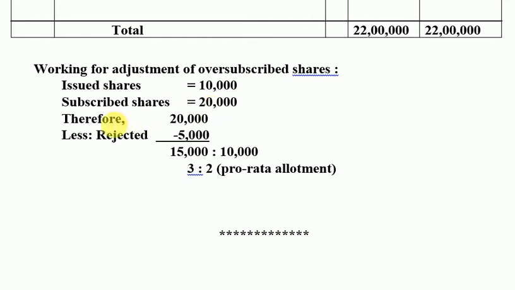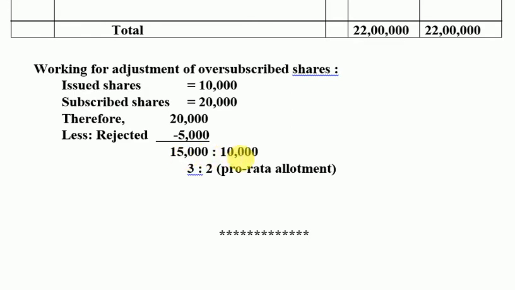Now from this 20,000 shares, I have assumed that the company has rejected 5,000 shares. I repeat, from this 20,000 shares, the company has rejected 5,000 shares. So what we do is 20 minus 5, the number of shares left is 15,000, and you have to take the ratio 15,000 is to 10,000.